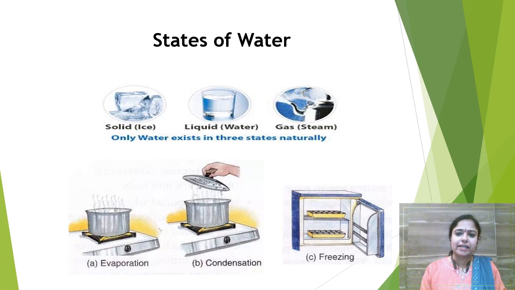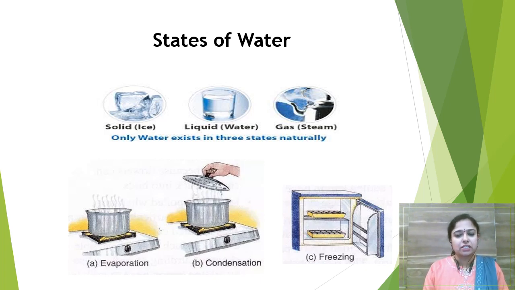Now, can you again change this ice back into water? Yes, by heating the ice or keeping it outside in the room temperature, you can easily convert ice into water again. So, what do we understand here?